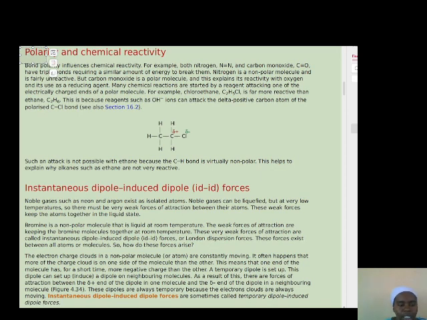At that point you have a dipole moment, but it is temporary because the electrons are in constant motion. So one bromine tends to have a partial negative charge compared to the other.